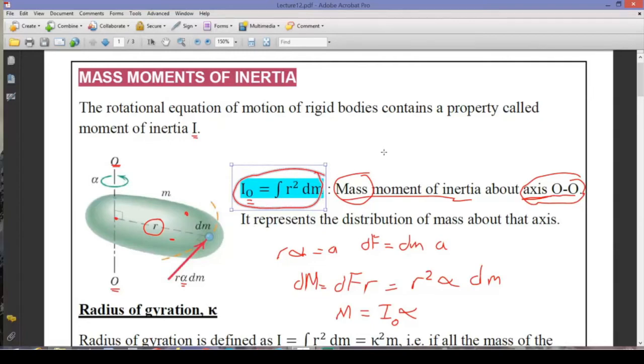If you're going to do this calculation about the mass center, then it will be the mass moment of inertia calculated about an axis through the mass center. And you would call it IG probably in this case. So this is the origin of this information of mass moment of inertia.